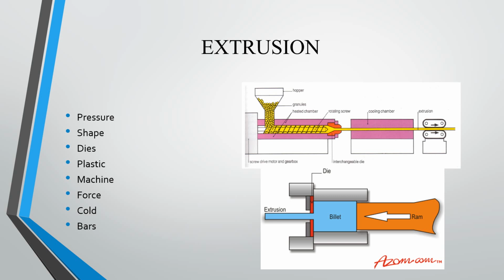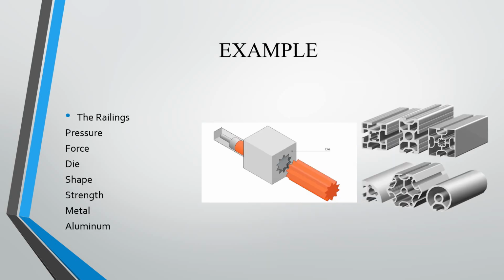But sometimes you have to heat the die and also the chamber of the machine. Alright, this process could be done in cold or hot conditions. It depends on the company. As an example, I have the railings of the houses.